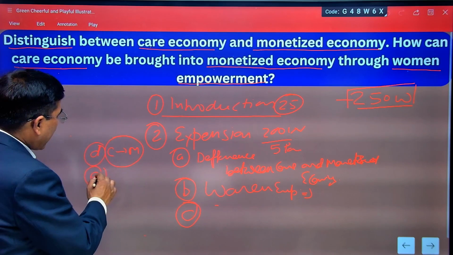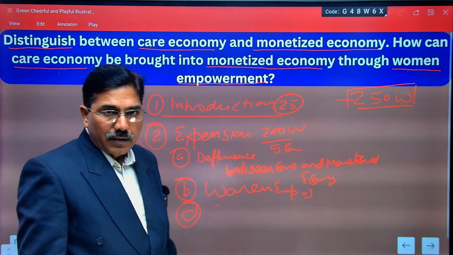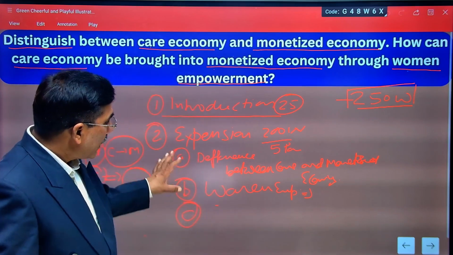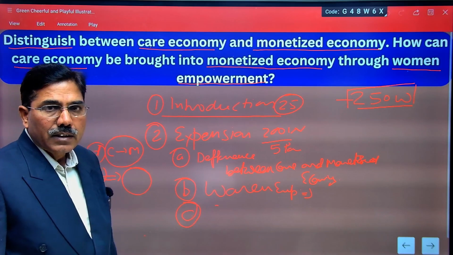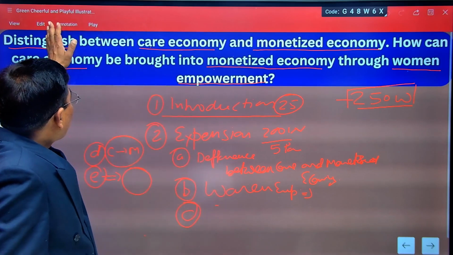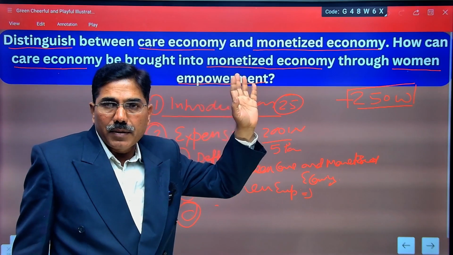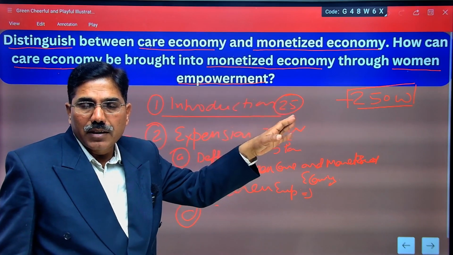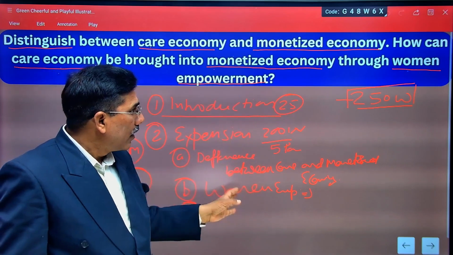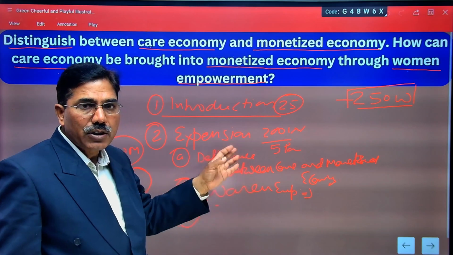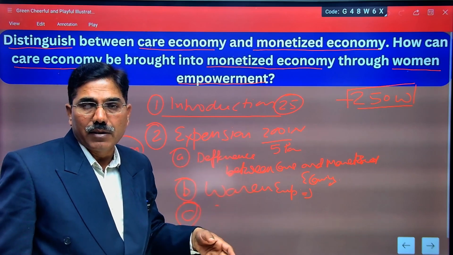After that, you will elaborate it with the help of the circle effect, which I discussed previously with you. When you cover all these points, finally you will conclude that due to the large size of the care economy in our economy and more participation of women in the care economy in comparison to men, if we implement all these kinds of policies, definitely our national income growth rate will increase.